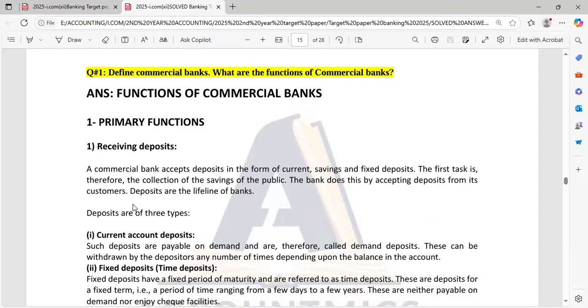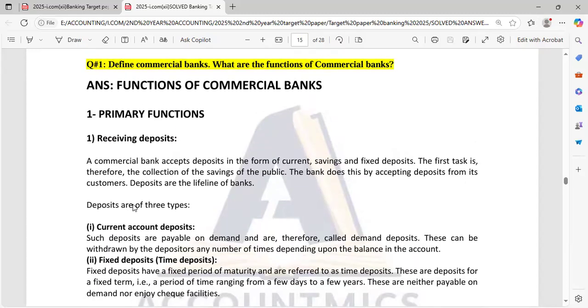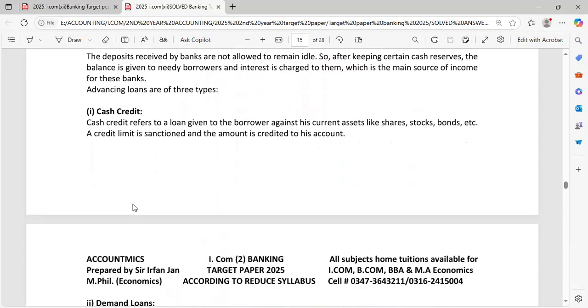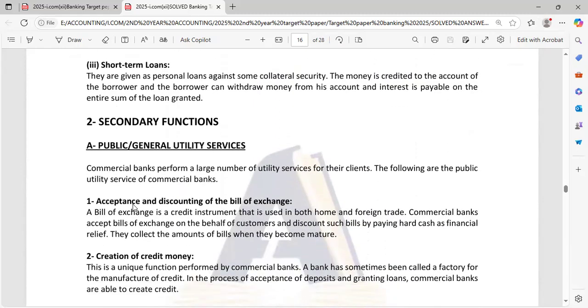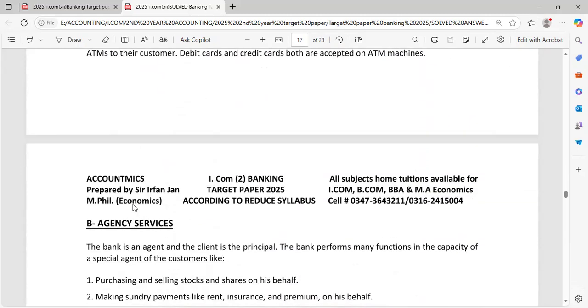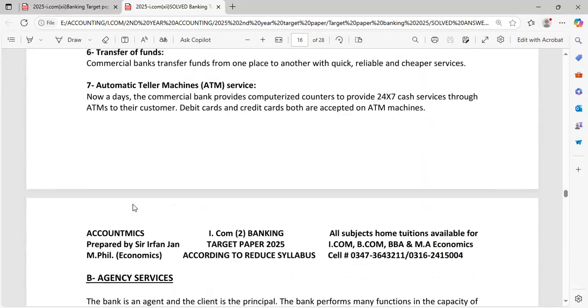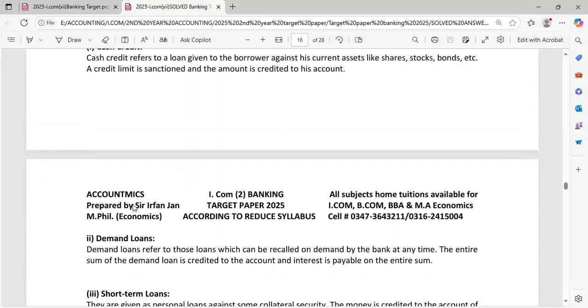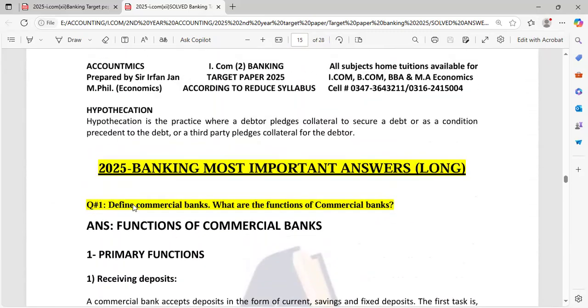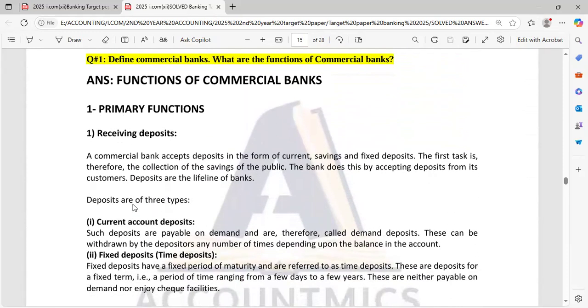The first function of the commercial bank is the primary function, then the secondary function. I will explain them one by one. The first primary function is receiving deposits.